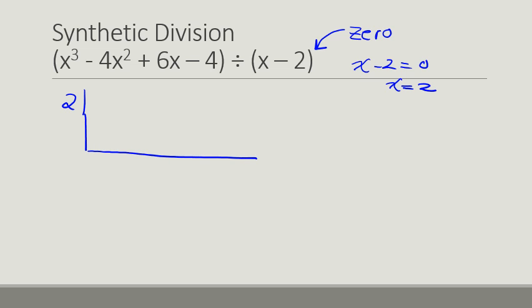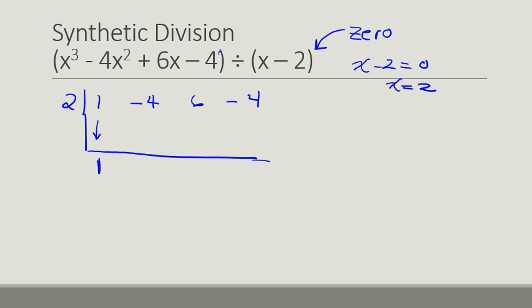So we set it up so there's a 2 here on the outside. And then we take all of the coefficients, making sure that they're in descending order and we're not skipping any. 3, 2, 1, and 0. So 1, negative 4, 6, negative 4. What you do is you bring down this first number and you multiply.